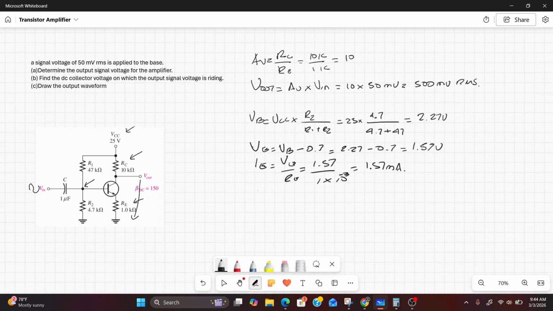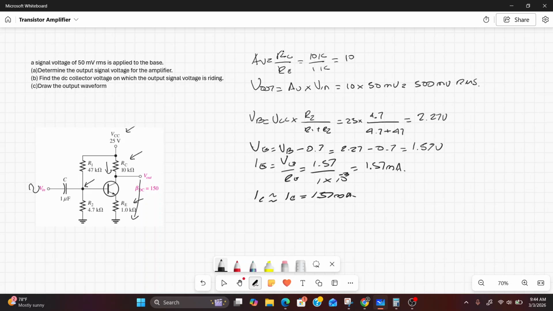We can say that the current of the collector is approximately equal to the current on the emitter, and that is equal to 1.57 milliamps. Okay? So this current flowing here is approximately 1.57 milliamps.